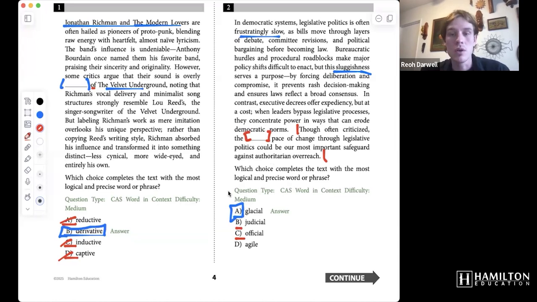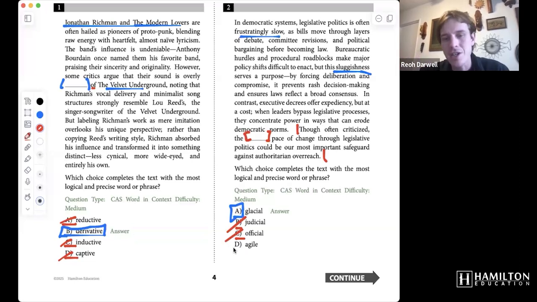It's saying the slow pace of change, right? And judicial doesn't mean slow. Official doesn't mean slow. Okay, you need a word that means slow here. So if you're not reading the whole passage, you're going to miss this by choosing something that sounds good, but doesn't mean what we're looking for at all.